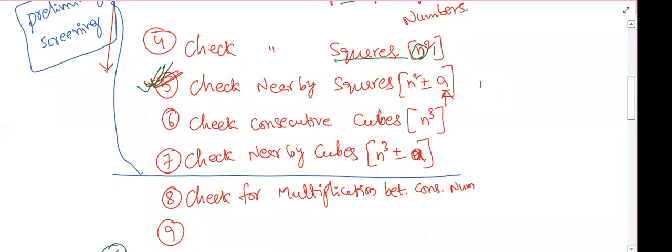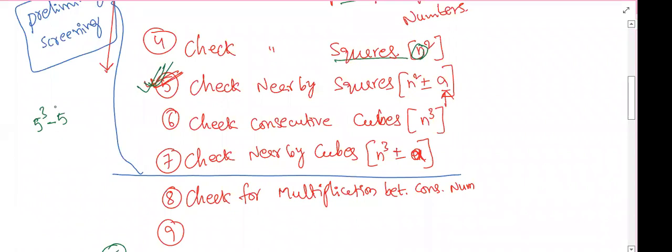125 is a perfect cube number. Suppose 125 is not given, 120 is given. 5 cube is actually 125, but 125 is not there, 120 is given. You can predict that number 120 as n cube plus or minus something. 5 cube is 125 minus 5.